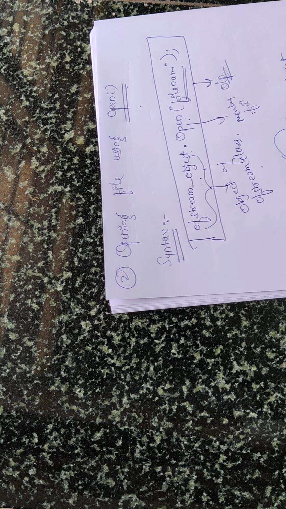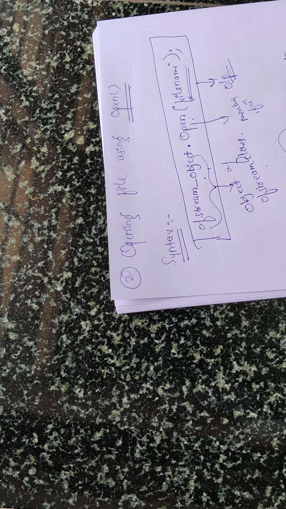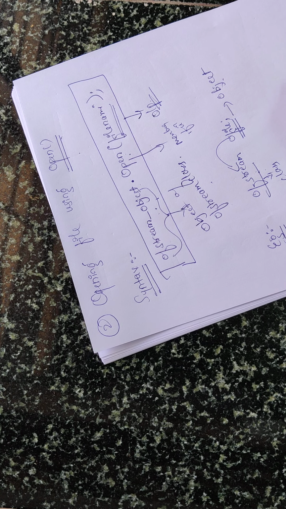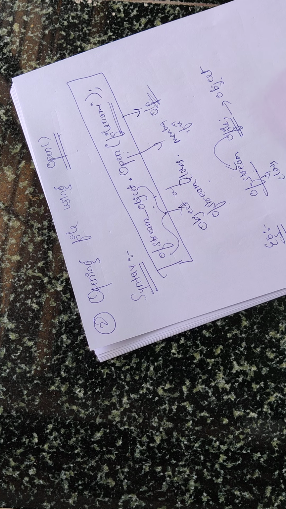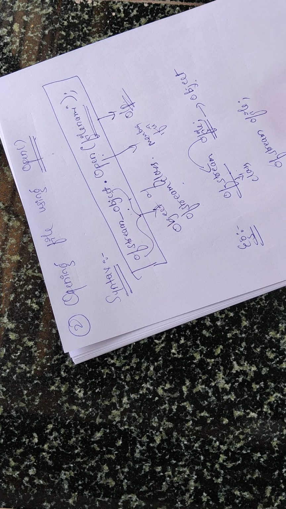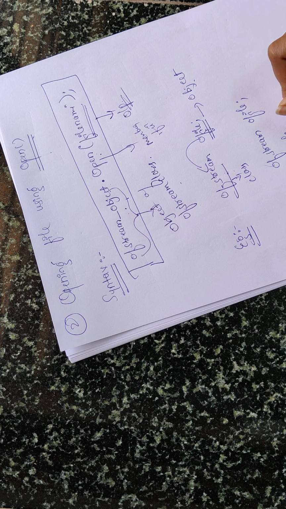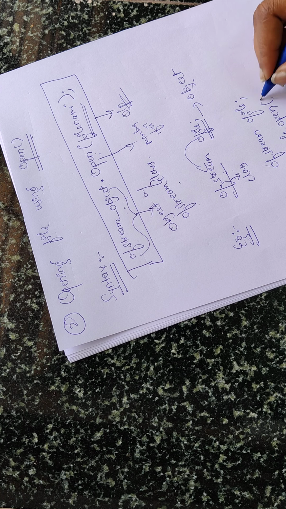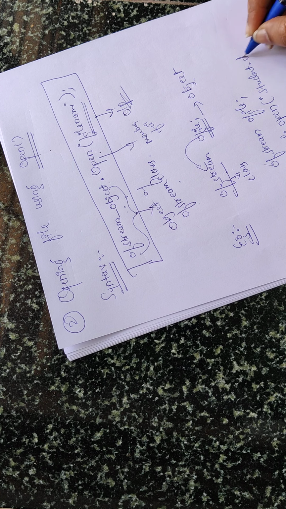Now we'll use that ofile object in the syntax. So I'll write this statement once again: ofstream ofile; now ofile.open("student.dat"). So two lines are needed.